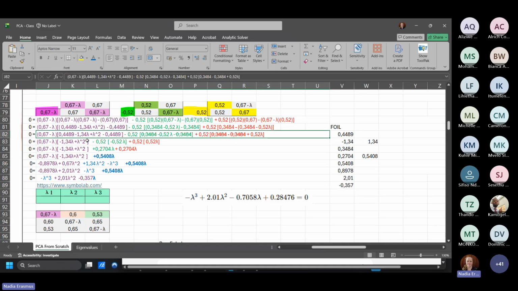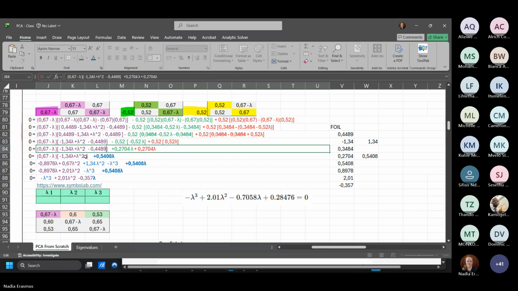Oh, this is where it went wrong. This one got lost. That one got lost. Okay, now we know. Okay, now I know what happened.